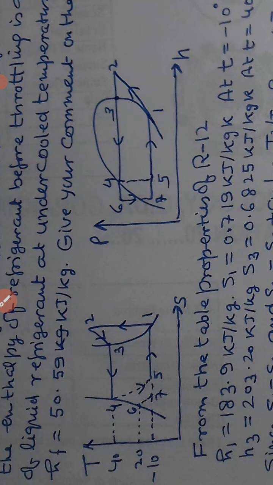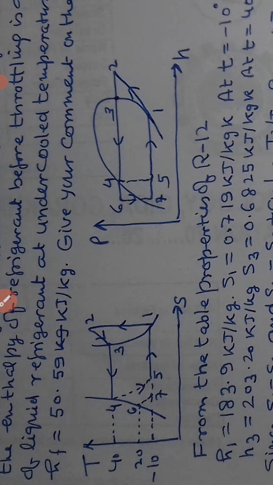Now when it is undercooled up to 20 degrees centigrade, it goes from 4 to 6, and 7 to 1 is the evaporation. It means the cooling effect is being increased.